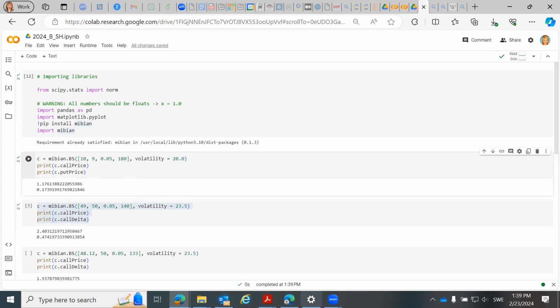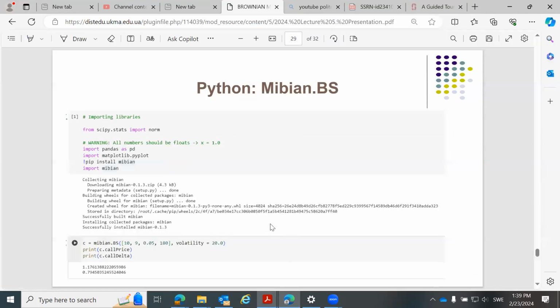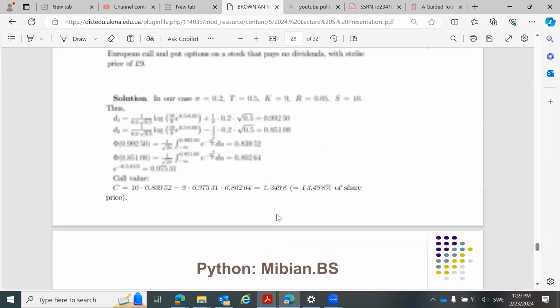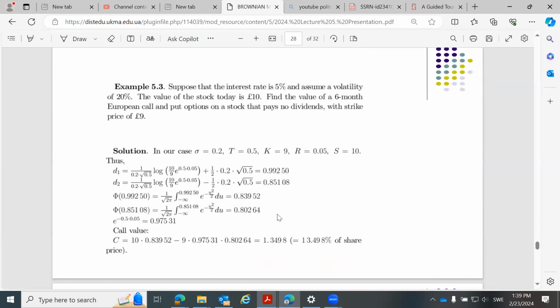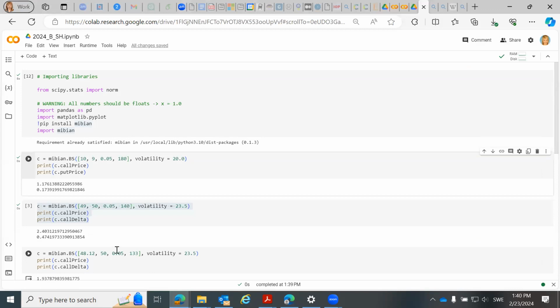But in the example where we computed by ourselves, it was 1.34, but using GBM, 1.17.